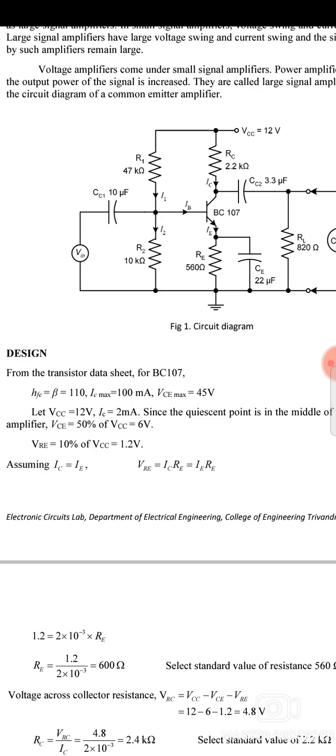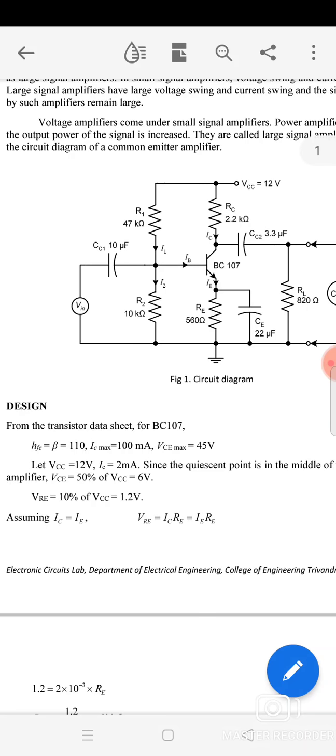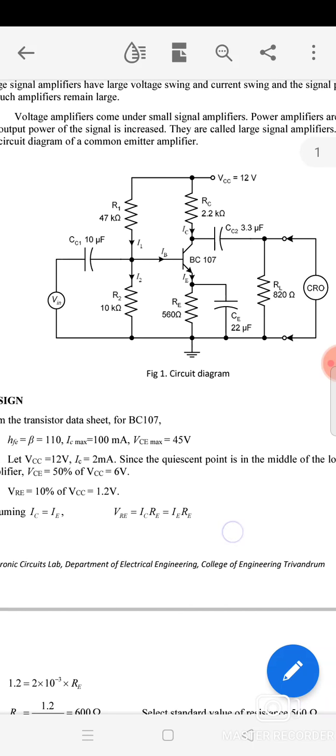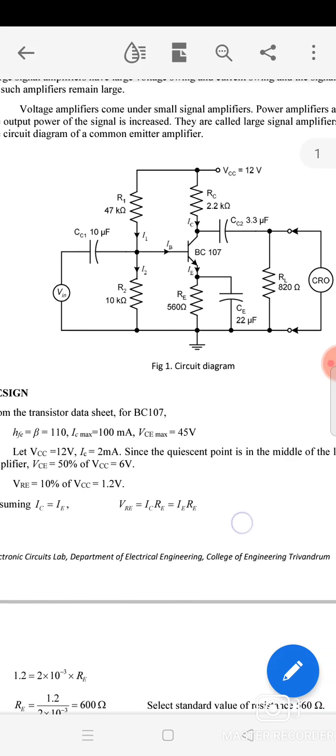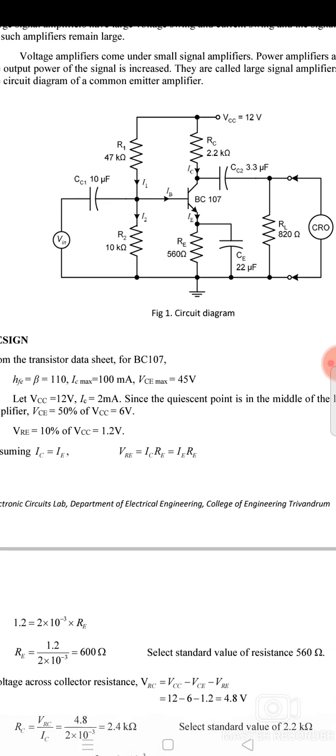The beta value is not always 110. Beta ranges between 20 to 400, but with the 110 range, we get a somewhat better amplifier output response compared with the lower and higher values.